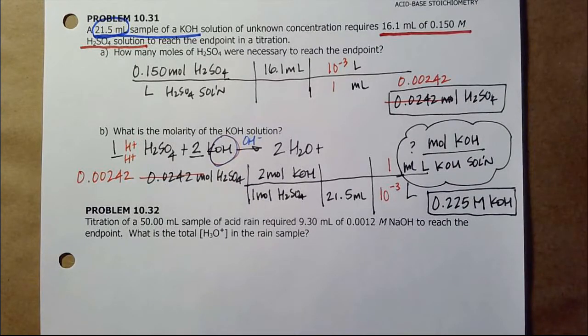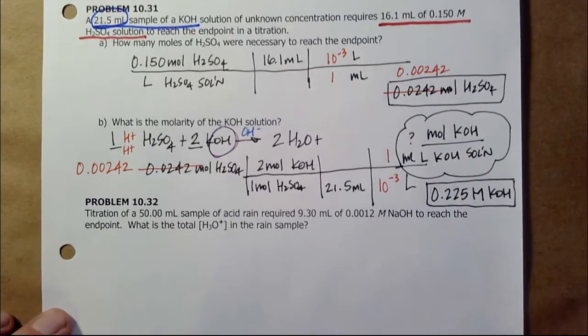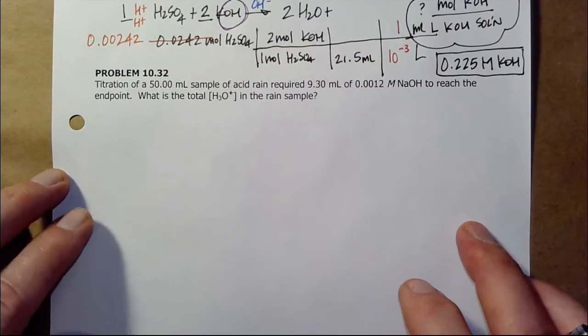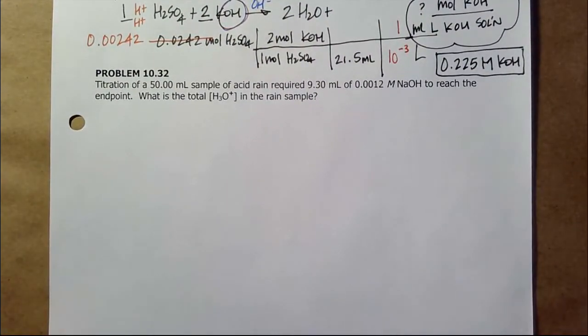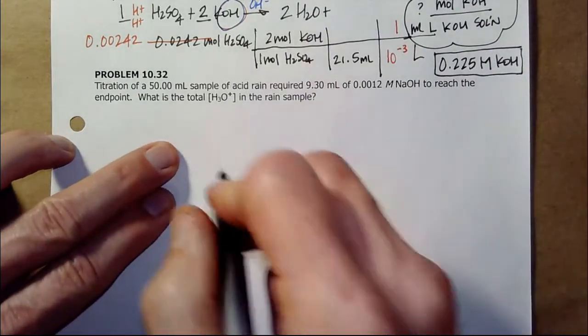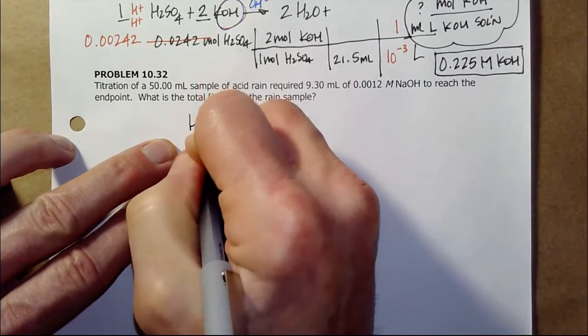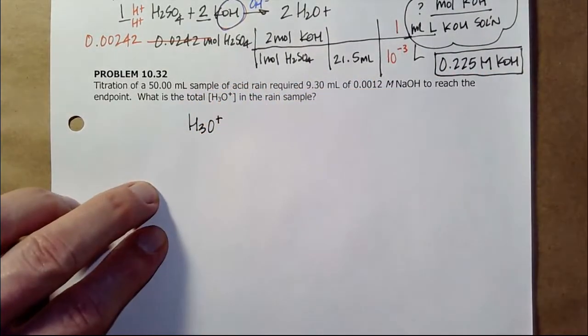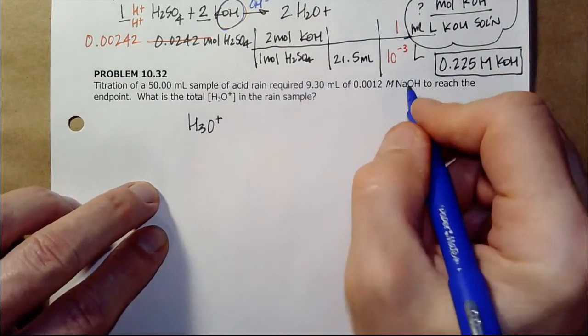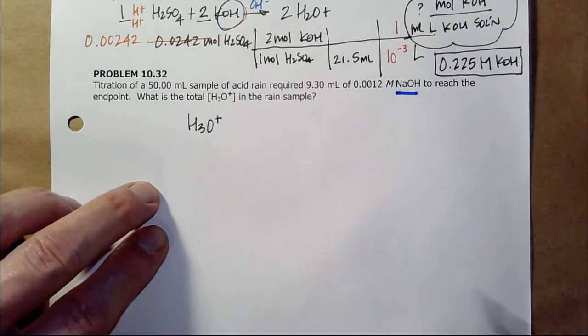This last acid-base stoichiometry problem, I'm going to help you get it set up a little bit. The answer to this one's in the back of the book. The reaction is basically this. There's my acid. And of course, we recognize this now as the base.